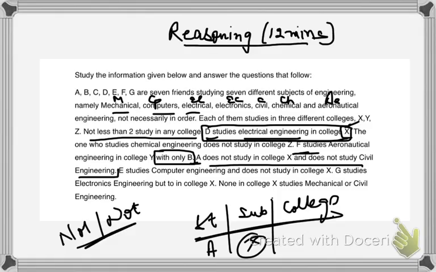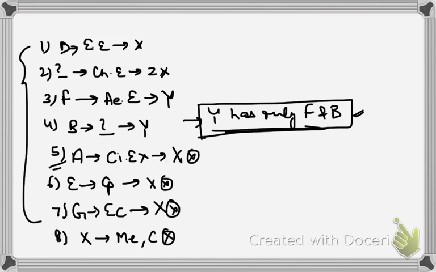Again a critical piece of information, because if A doesn't study in college X, and there are only two students in Y, that is B and F, then A is definitely going to study in Z only. So these negative pieces of information are again useful. Just make note of the necessary information correctly.